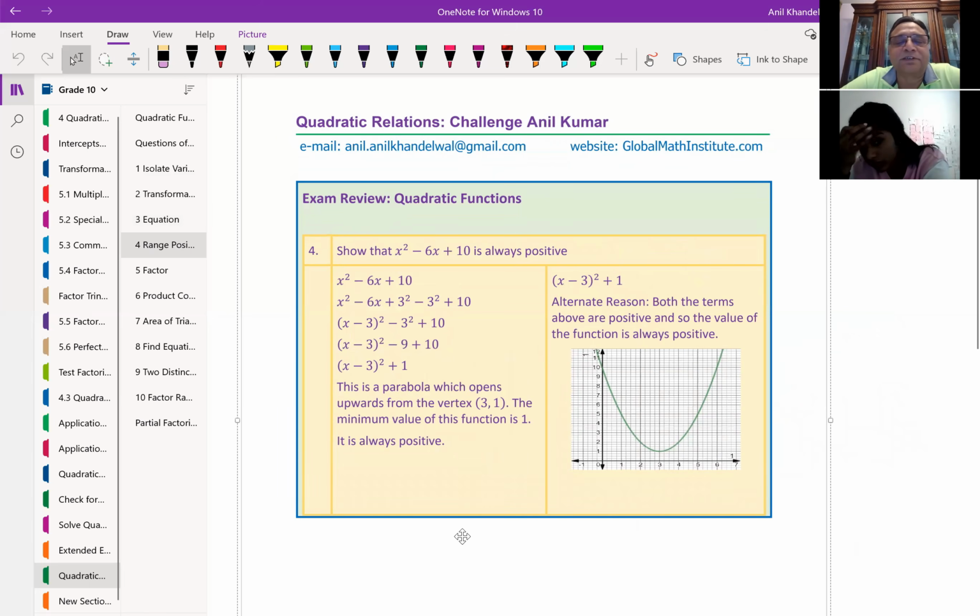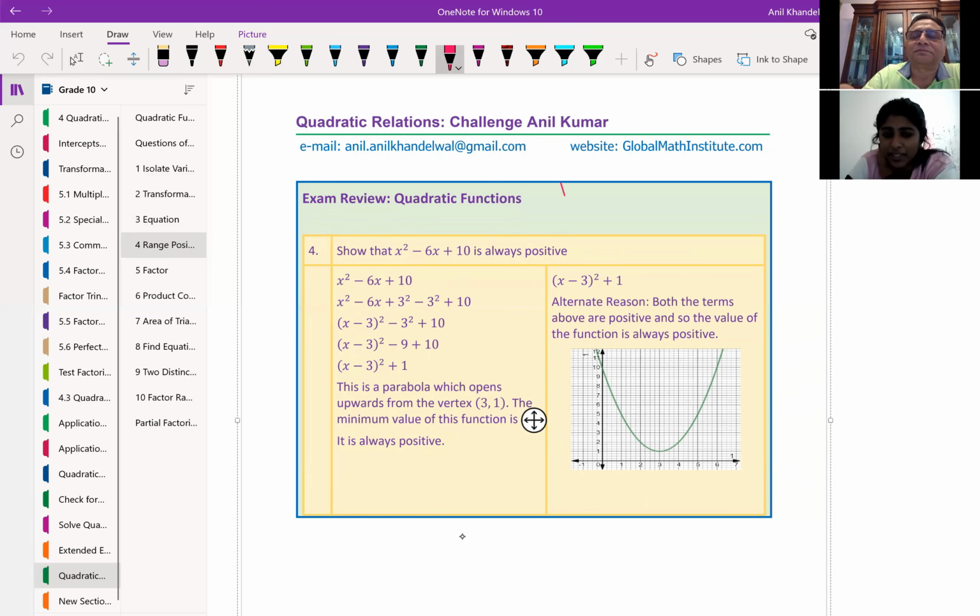Can you please read the question and explain the solution? Yeah. So question 4, show that x squared minus 6x plus 10 is always positive. So I can see that you've done completing the square, but I don't know if this is right, I would have used the discriminant, b squared minus 4ac.